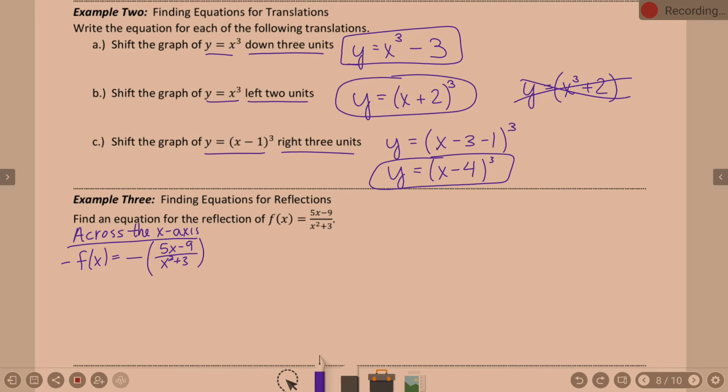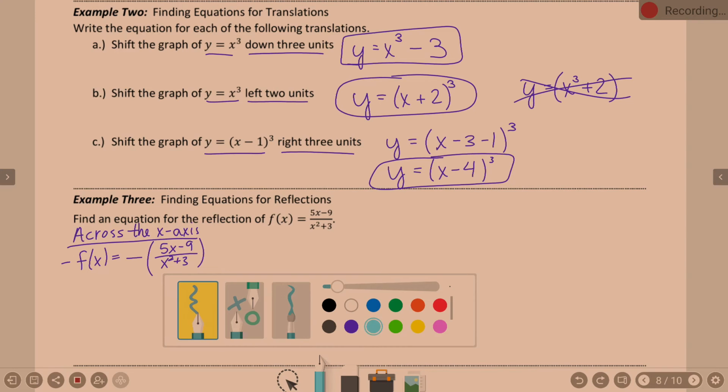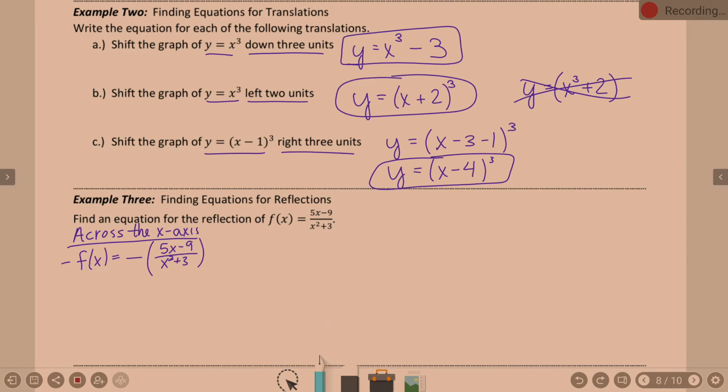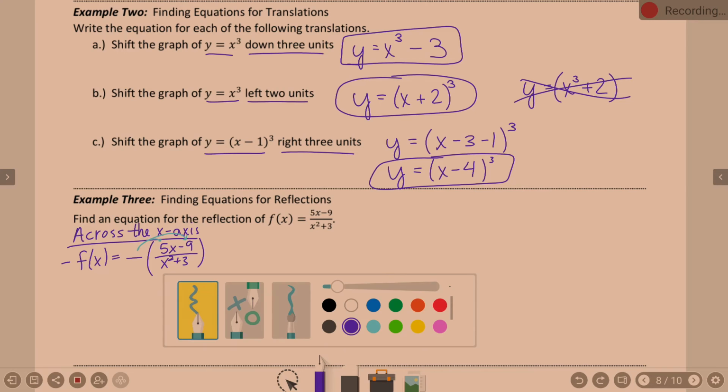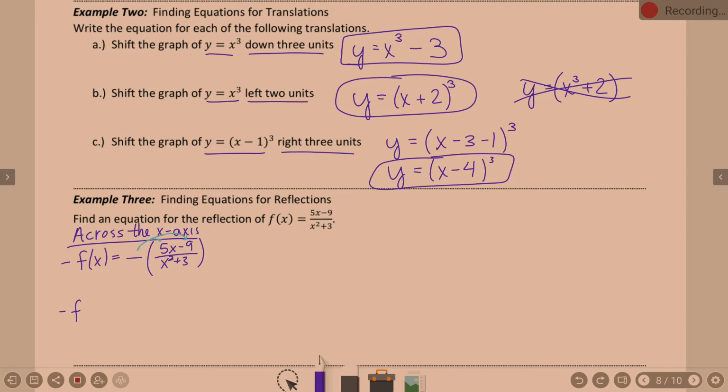Okay? So my suggestion, usually where we're going to take it, is to the top. Just take the negative and essentially distribute it to the top. If we do that, negative f of x is going to be equal to, what happens when I multiply the top by a negative?